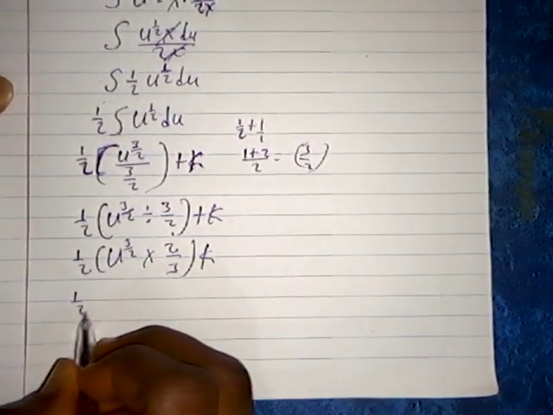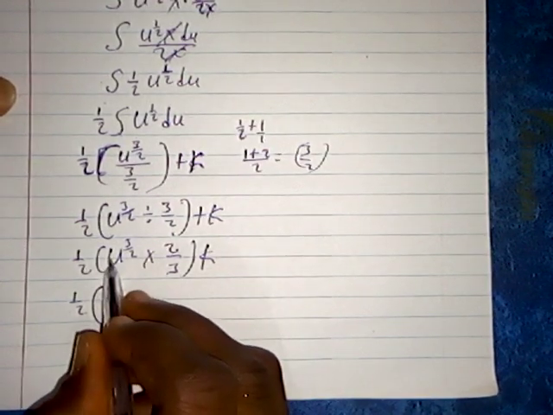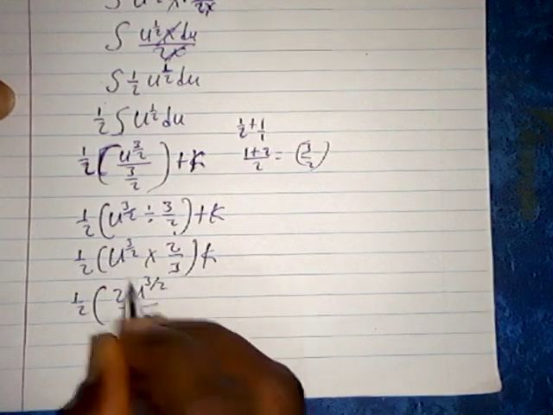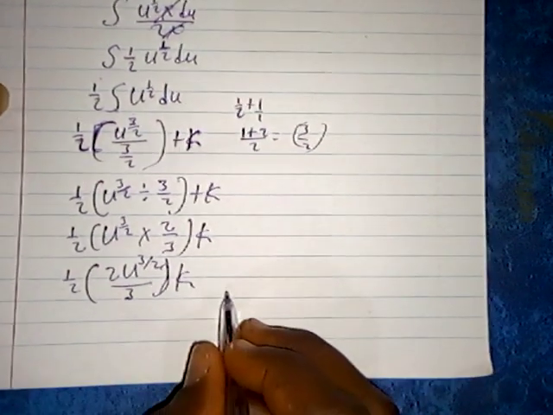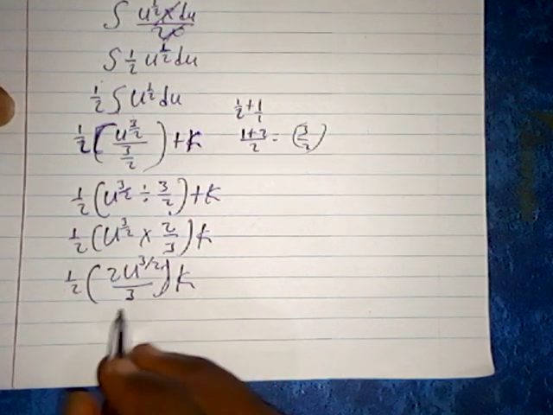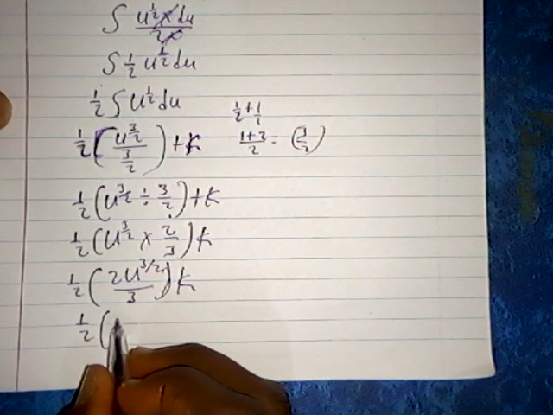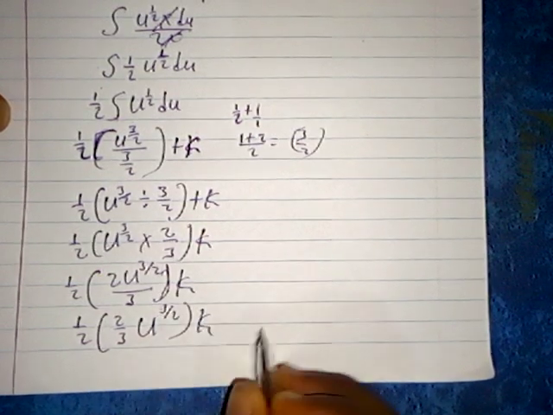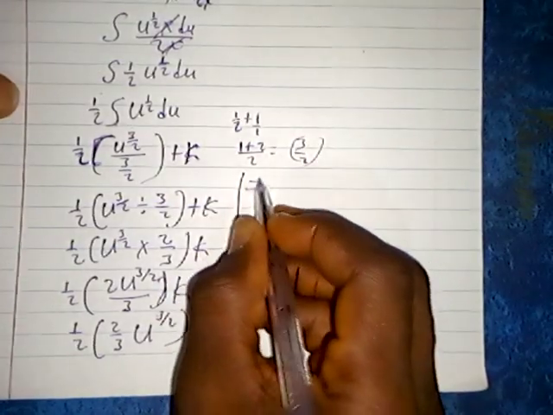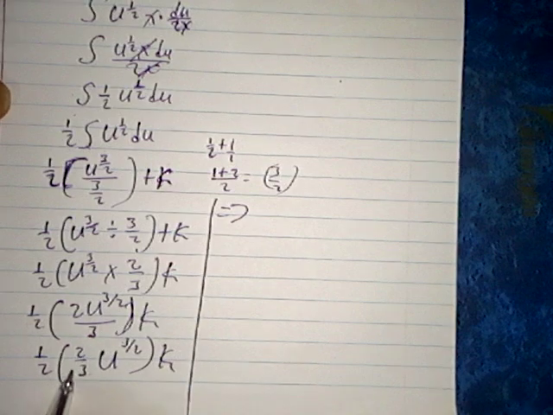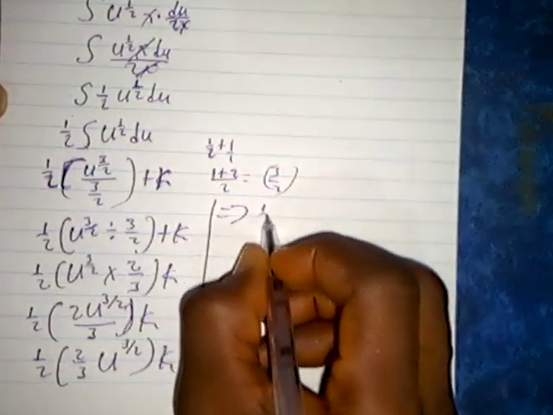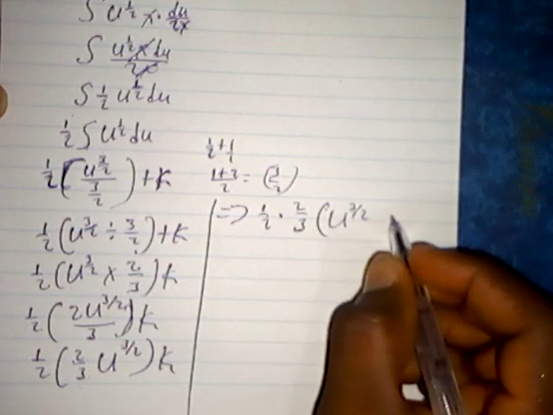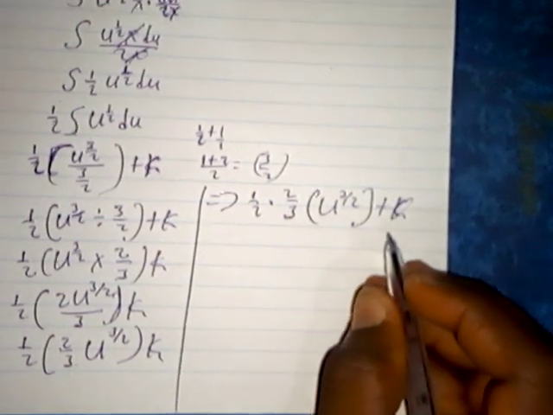Is it clear? 1 upon 2 into u to the power 3 upon 2 times 2 is just 2u to the power 3 upon 2 all over 3, plus k. We remove this 2 upon 3 outside the brackets: 1 upon 2 multiplied by 2 upon 3 into u to the power 3 upon 2, plus k, where k is the constant.